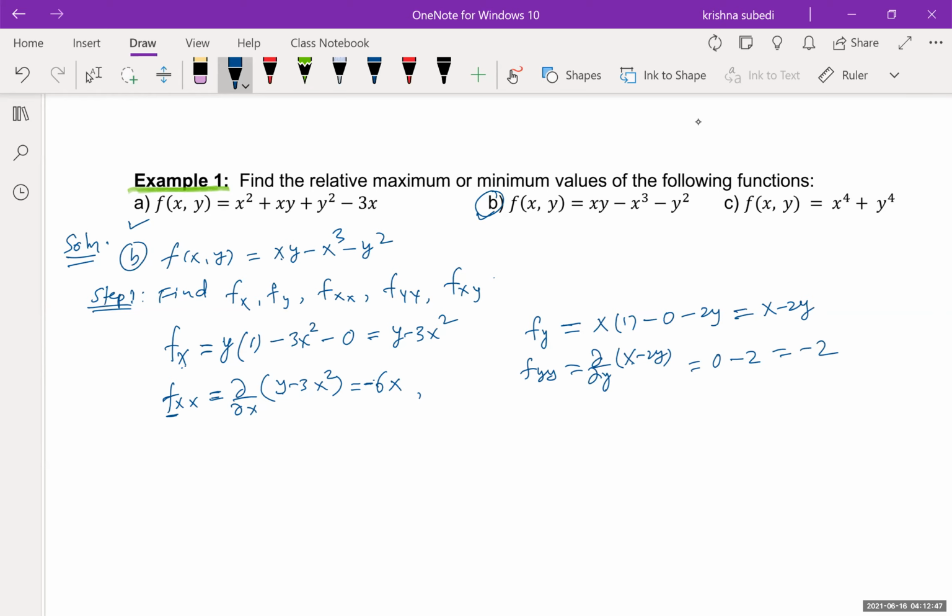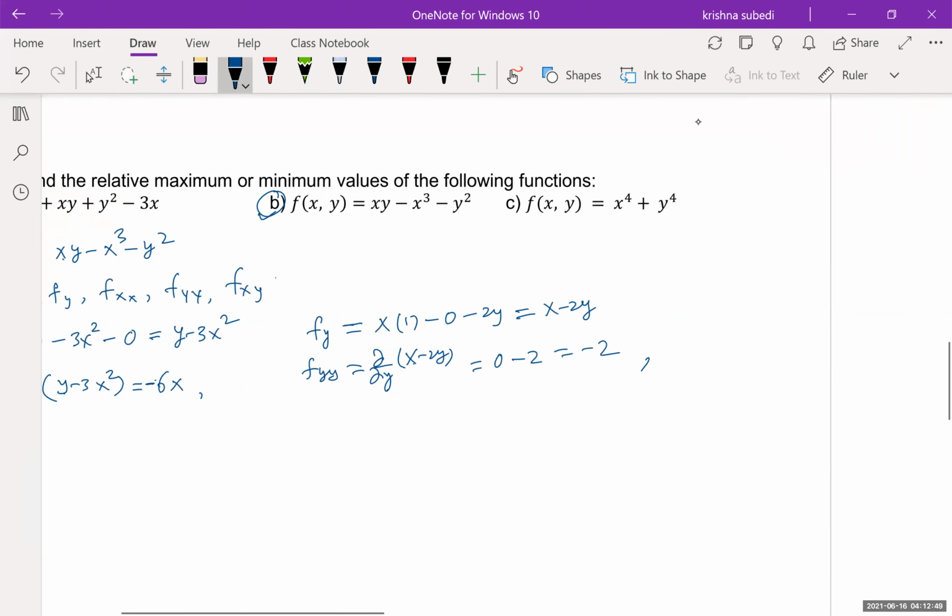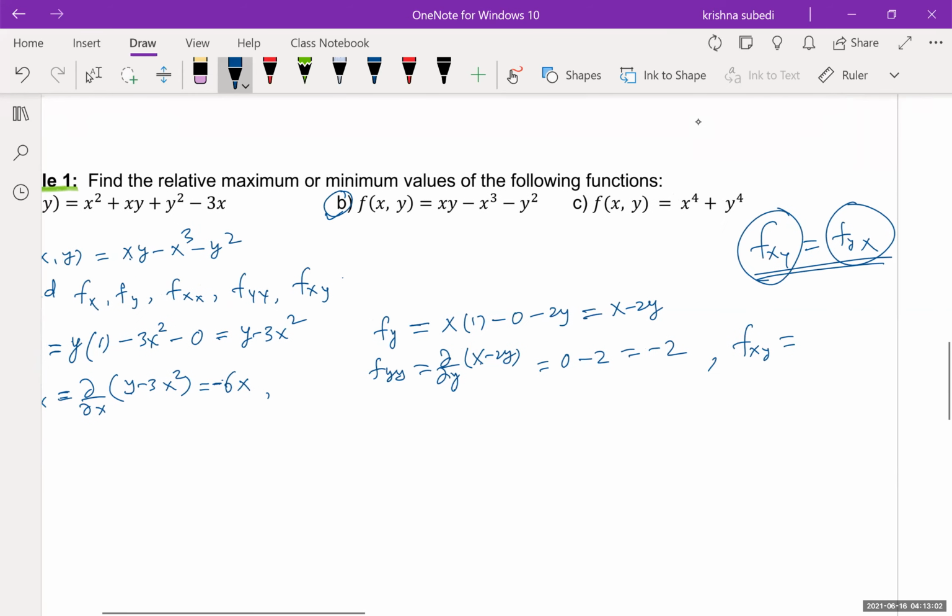In the same way, you can find f sub xy. Notice that f sub xy is f sub yx. They are equal, so we just find either this or this one. Let me find this.